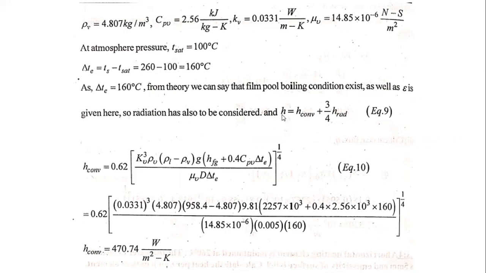So when we consider radiation, the heat transfer coefficient H is H convective plus 3 by 4th of H radiative. We already have the equation in the question. So first we have to find the convective heat transfer coefficient.